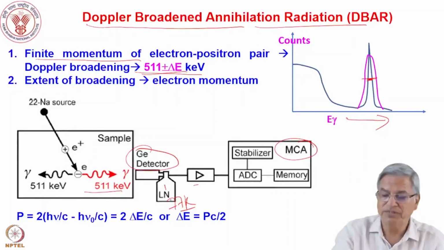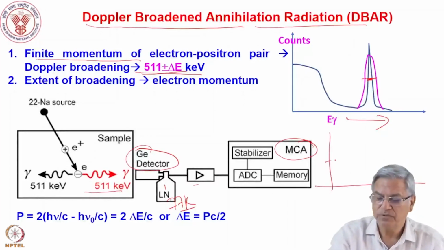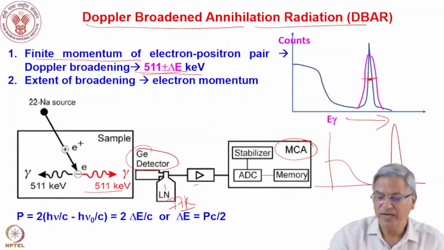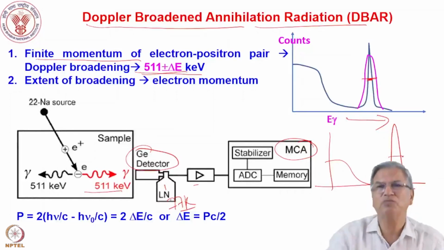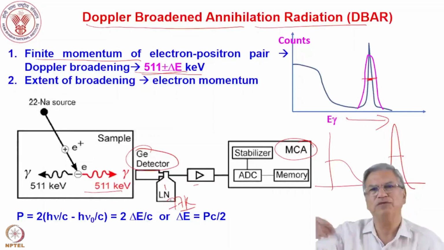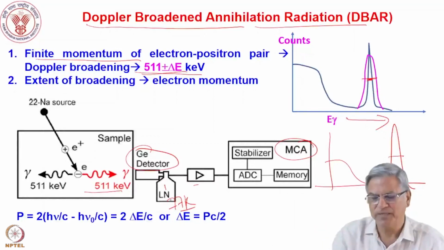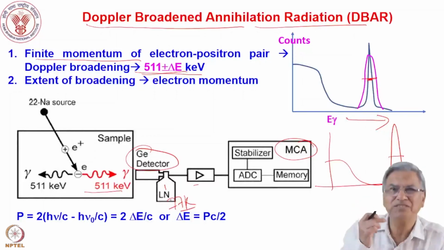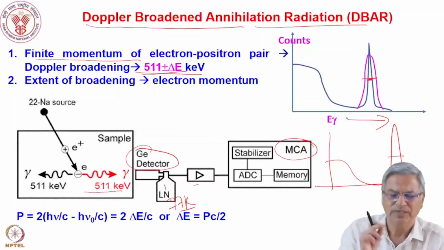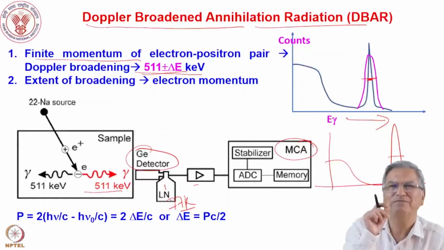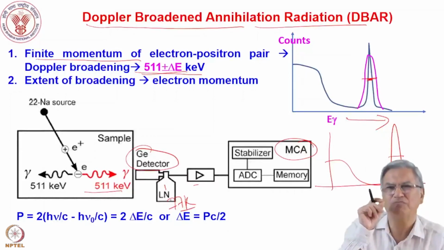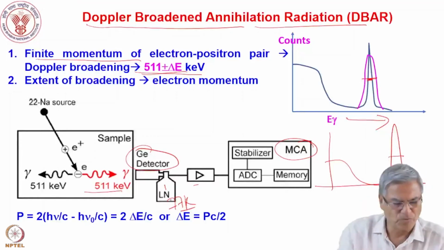So this MCA spectrum gives you the 511 keV gamma ray, and you measure the width of this, or rather different parameters, which I will explain in the next slide. From this simple gamma ray spectrometry setup, but it has to be a highly stabilized gamma ray spectrum, because you are looking for the broadening over 511 keV by a few electron volts, or maybe 0.5 keV or so.